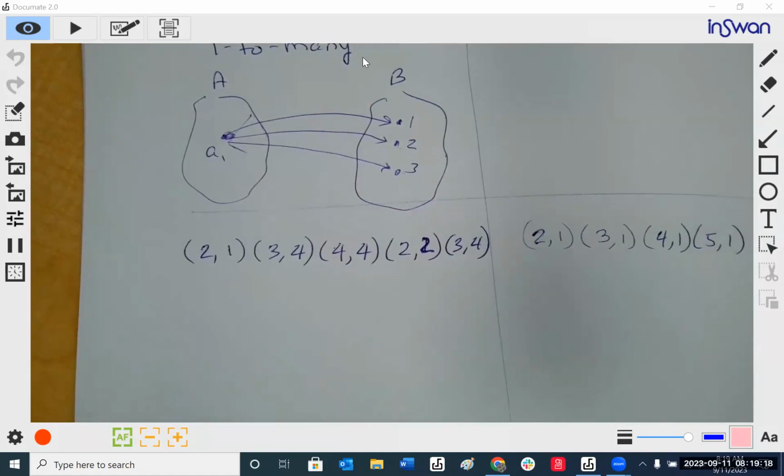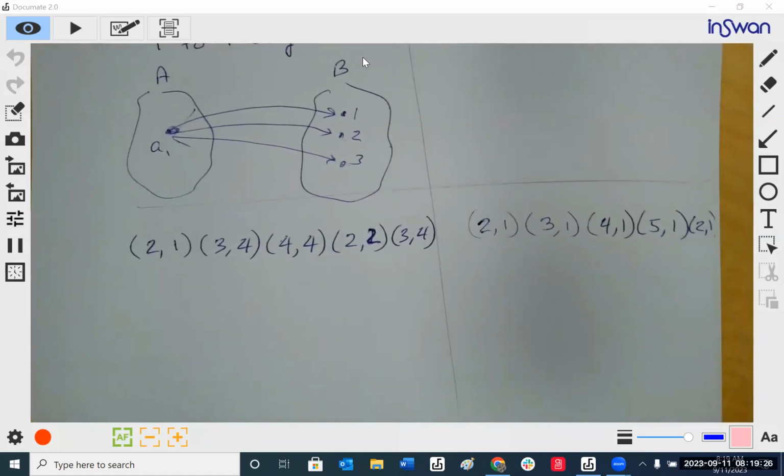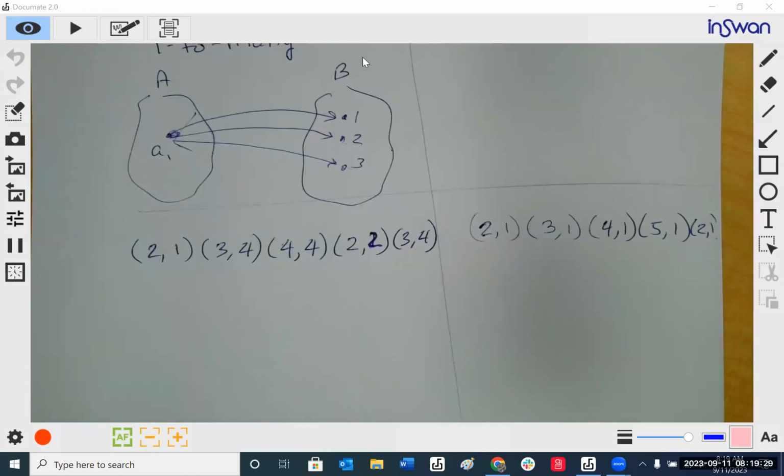There's an example of a relation. I'll put one more. What's the difference? What do you mean?